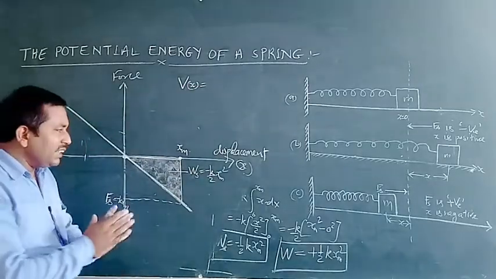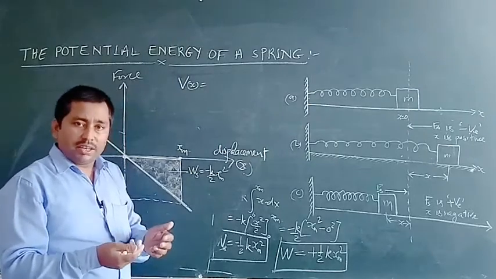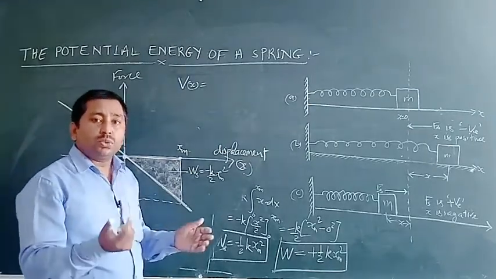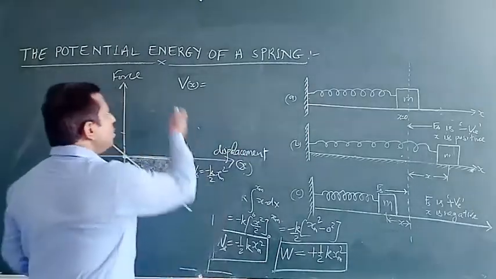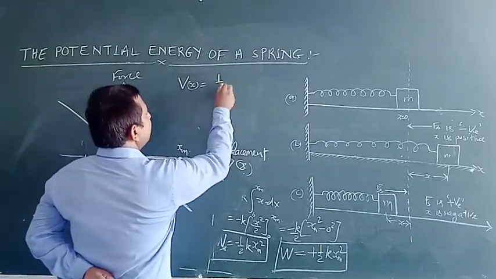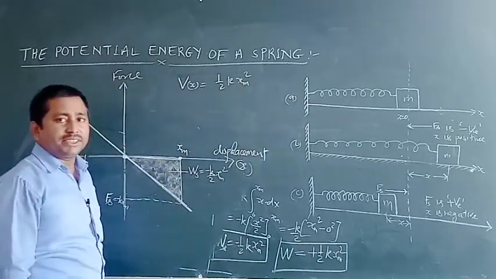As x increases, it means displacement increases, the spring force also increases, and the work done by the spring force also increases. So the amount of potential energy also increases. So V is a function of displacement. This can be written as half k xm square. This is the maximum potential energy.